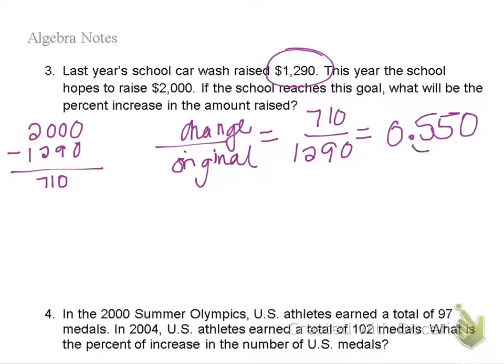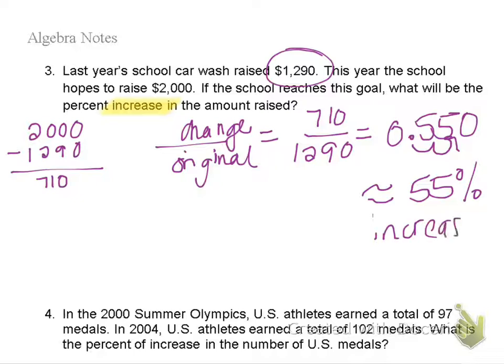And if we move the decimal over 2 spaces to get the percent, that's going to equal approximately 55%. And then we have to know whether it's an increase or a decrease, and it actually told us in the problem here that it is an increase, even though we could have figured that out on our own. So that's our answer, 55% increase.